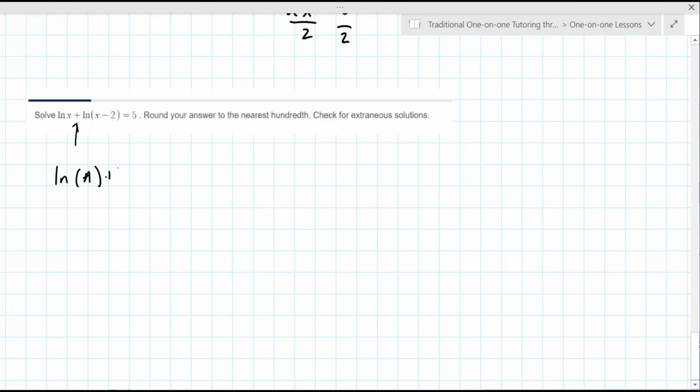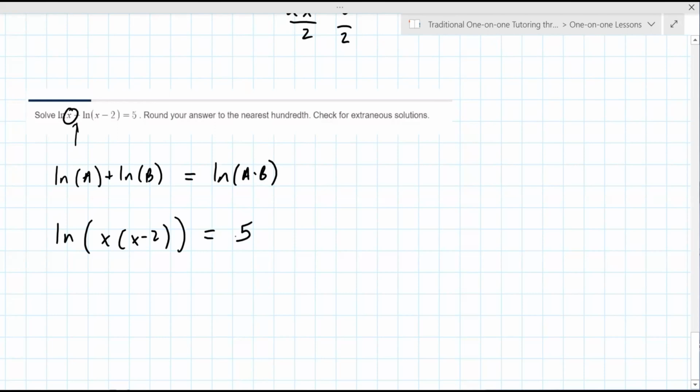So the natural log of A plus the natural log of B becomes the natural log of A times B. So essentially, you're going to multiply the X and the X minus 2, equals 5. See how I just multiplied those together here inside the one natural logarithm.